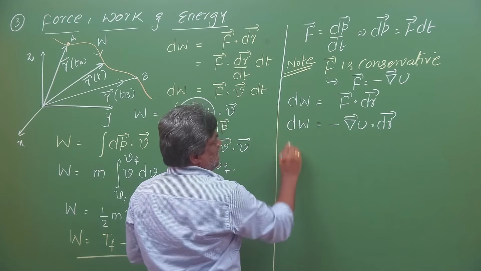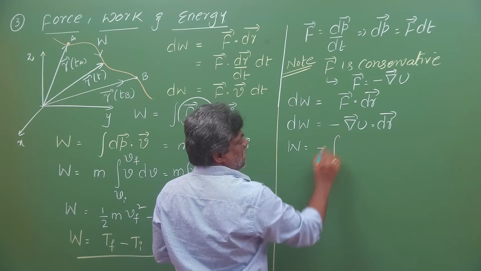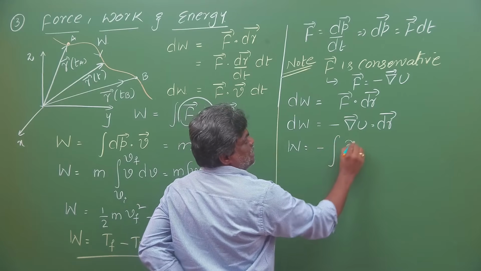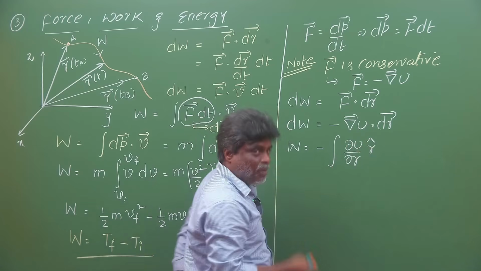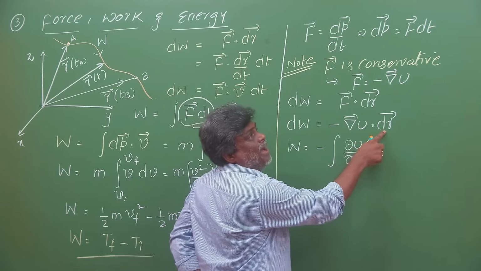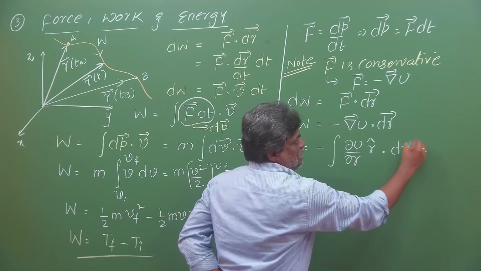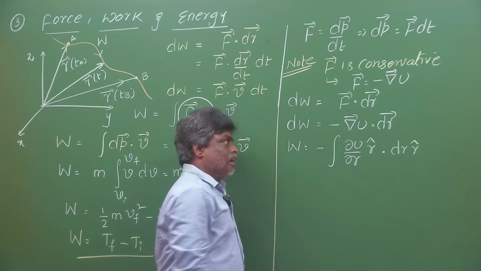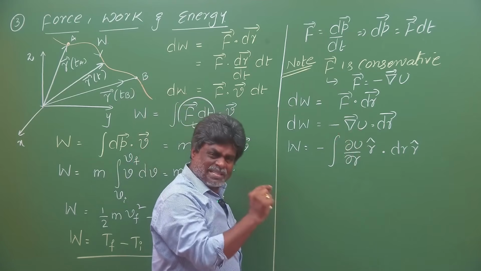Now just integrate: W equals minus integral del U. Del U is nothing but dou U by dou r cap. Why? Because r cap, here what you have? dr bar. Although other terms are there, all the dot products will be 0. Understand?